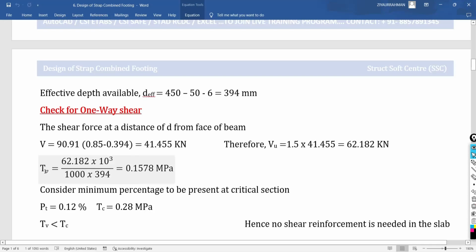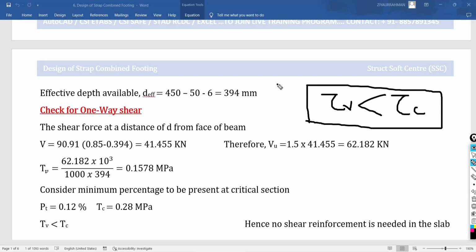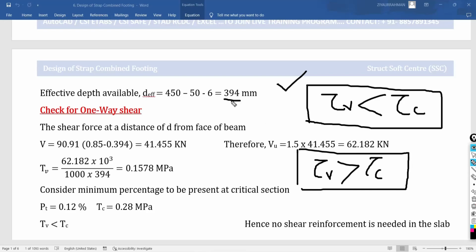Now we have to compare tau v and tau c. If your nominal shear is less than your critical shear, it means that your provided depth of the foundation is safe and okay. But if your nominal shear is more than your critical shear, then there is a problem either with your provided depth of the foundation or the provided percentage of reinforcement.